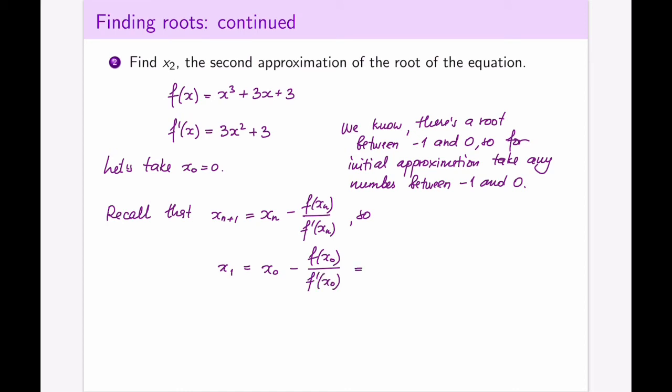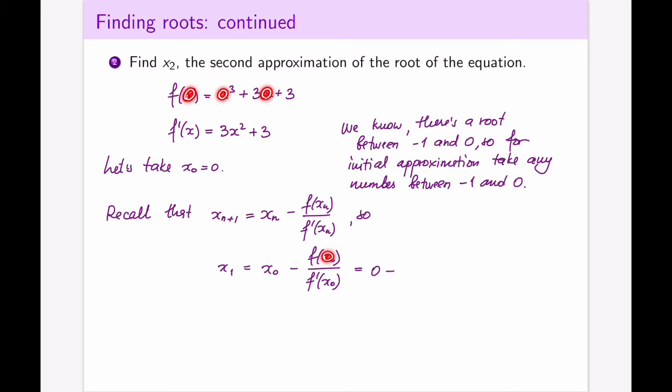And now I'm going to plug in all of those things into here. So x naught itself is 0, so this is going to be 0. And then minus the function value at x naught, so at 0. So I have to look at what my function is at 0, plug zeros everywhere.